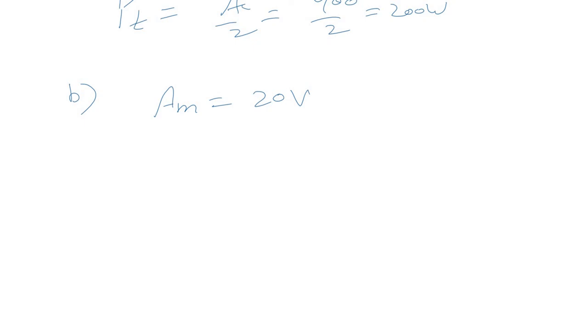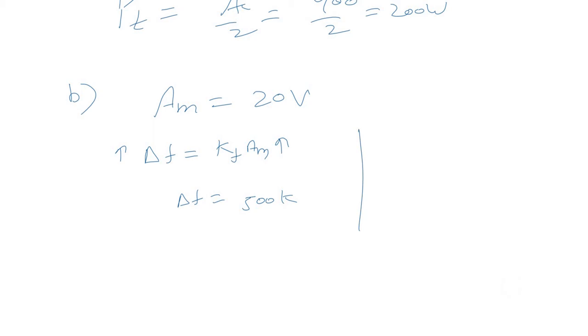Delta f is equal to kf into Am, so obviously if Am is doubled, delta f will also be doubled. The new delta f becomes 500k, instead of 250k.